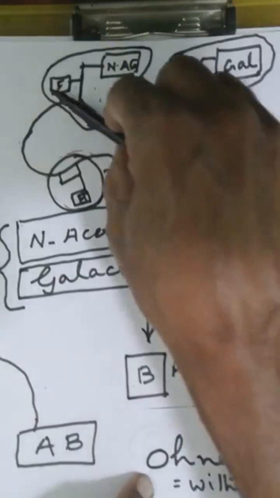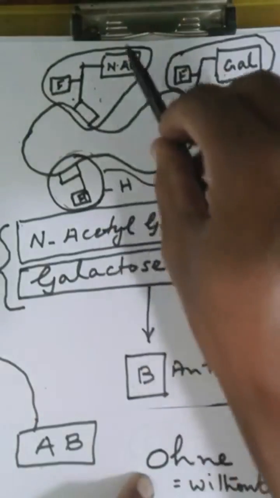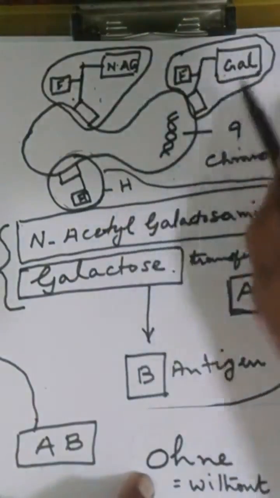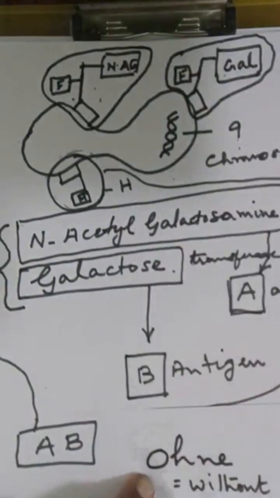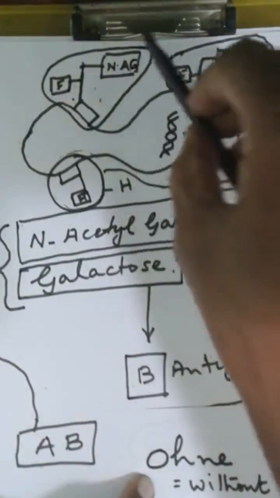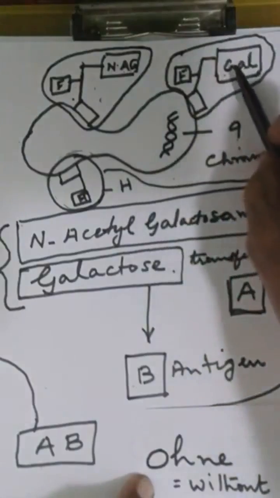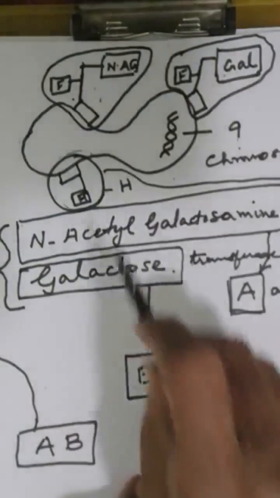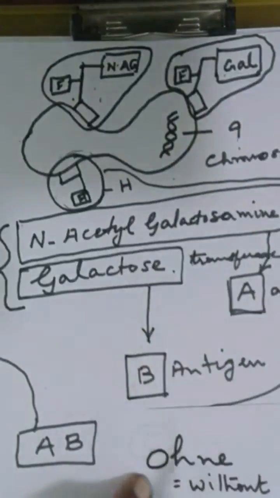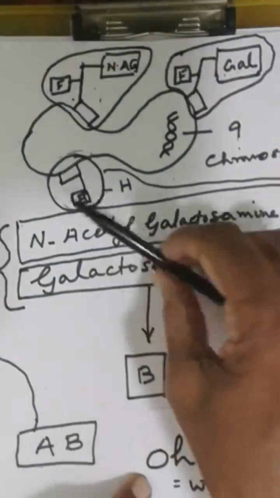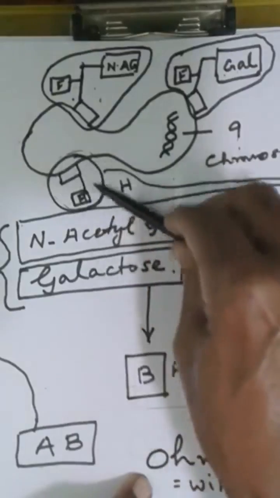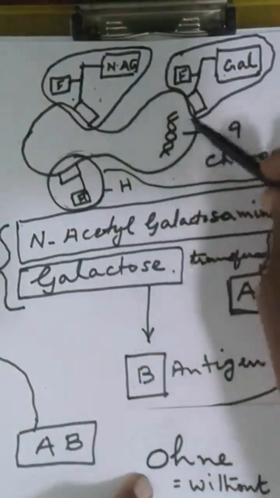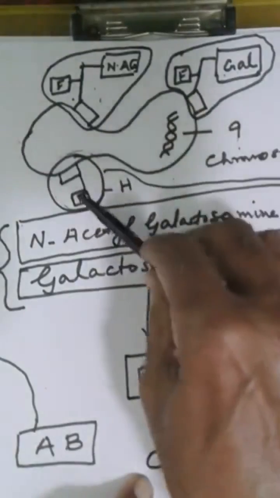Only H substance without NAG and without galactose. That means without A or without B. None of them is coming. Only the H substance is remaining on the surface of the erythrocytes.